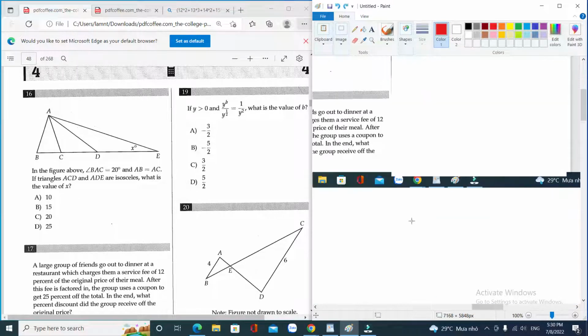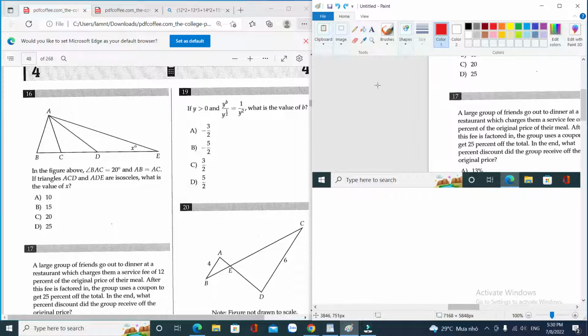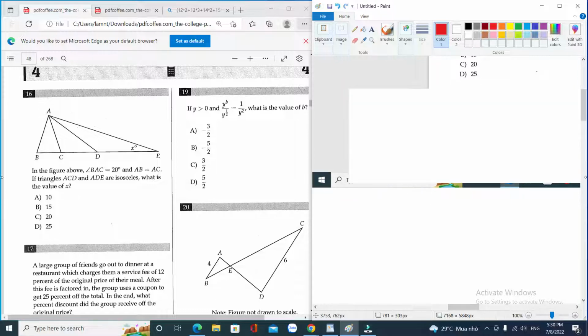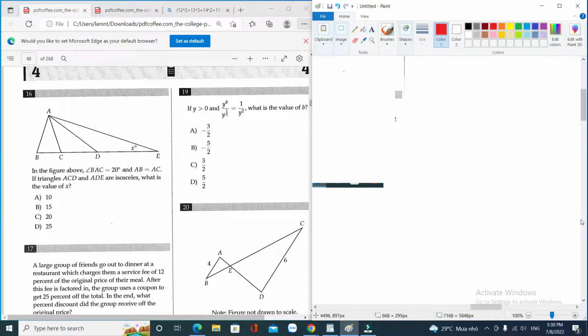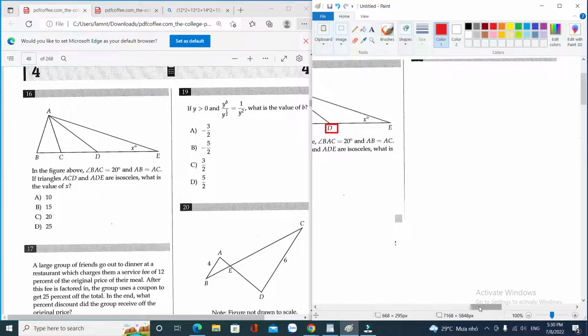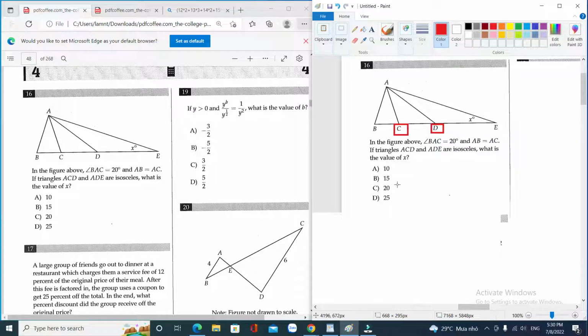I have to be careful with my deletion because I might delete something important. So this part too. Okay. Nice. So now they ask us for the value of x, but to calculate the value of x, we have to calculate the angle ACD, which is the big C angle. We have to calculate angle ACD and angle ADE first.